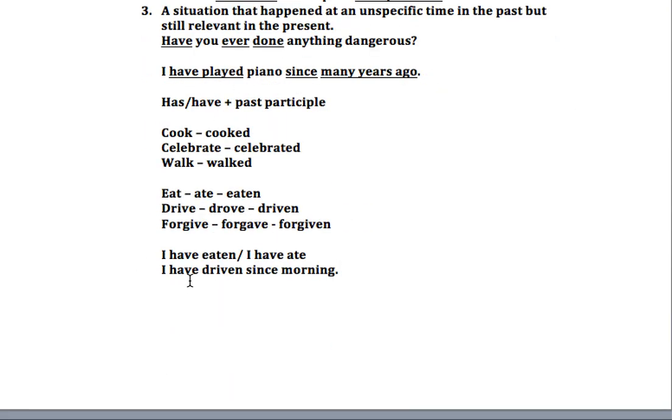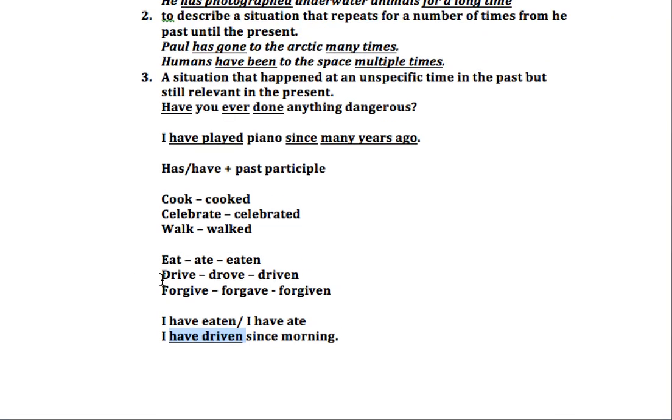So have driven is the present perfect tense, and you don't say I have drove, you don't say I have drive, but you say I have driven, because the rule is when it comes to irregular verb like this, you take the third form. When it comes to regular verb, you take the second form. So this is what we call as past participle.